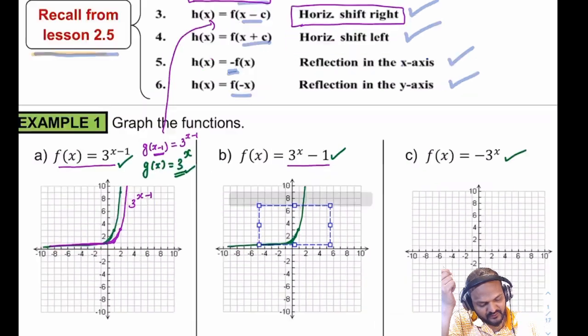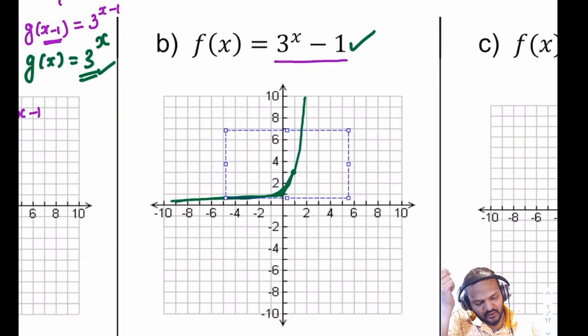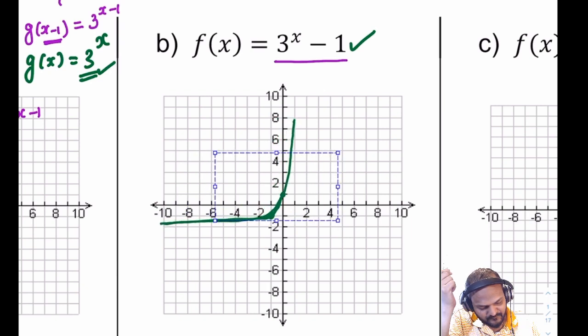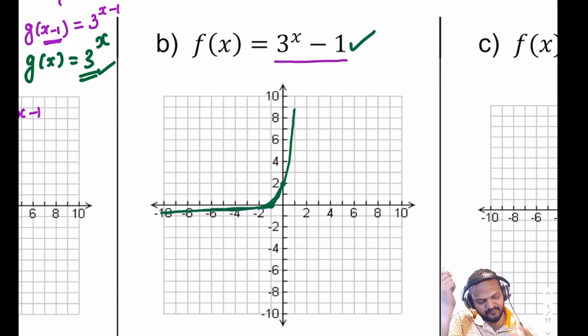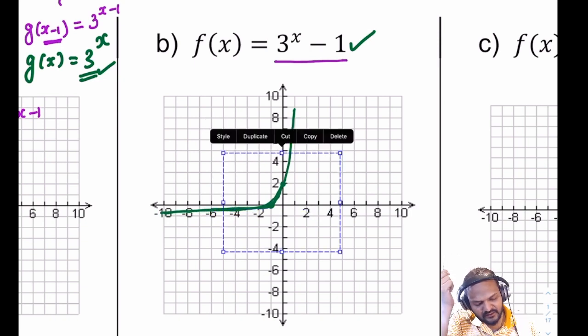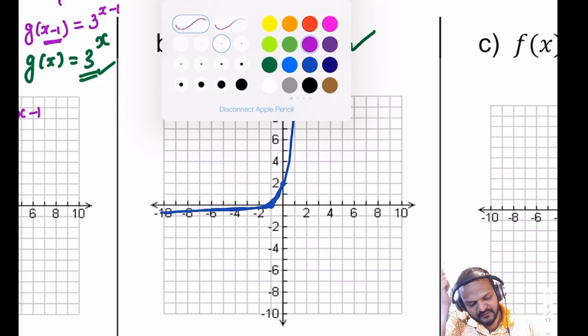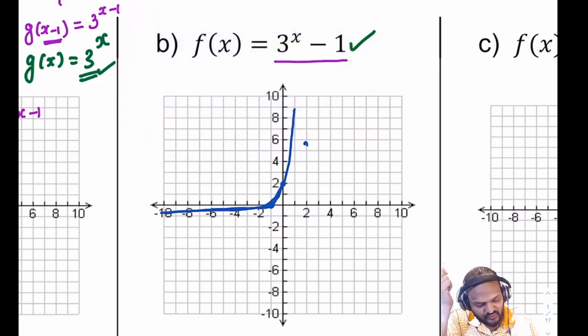And now we are going to shift it down 1 unit. When I do that, this is going to be this particular one right here. So let me change the color. Let me go with the blue. So this will be the graph of the function, which is 3 to the x minus 1.